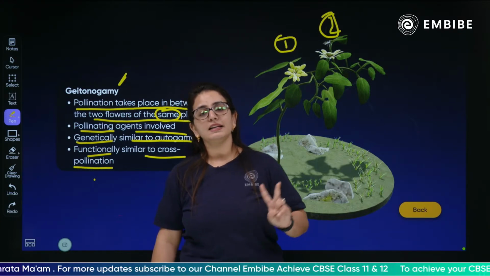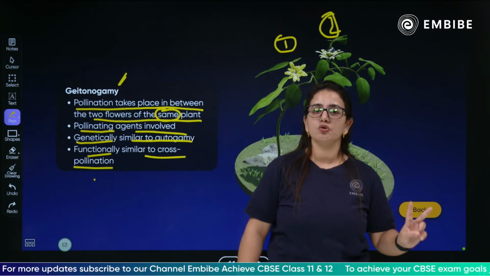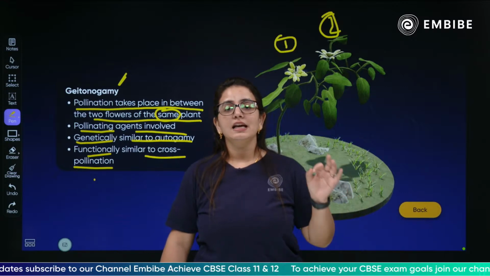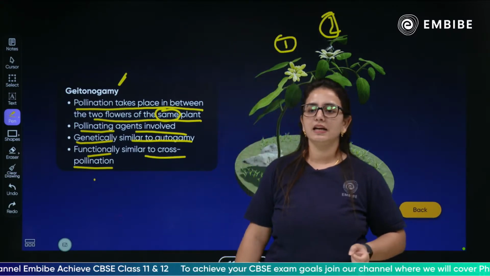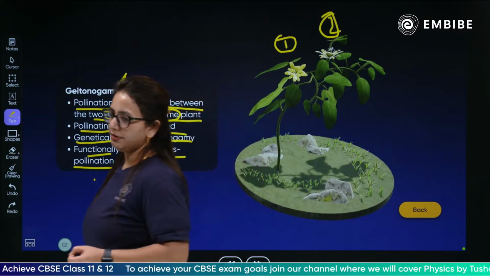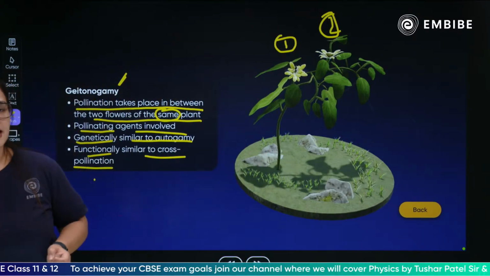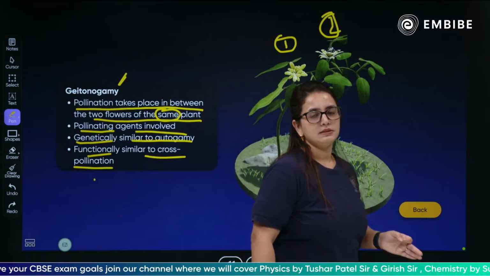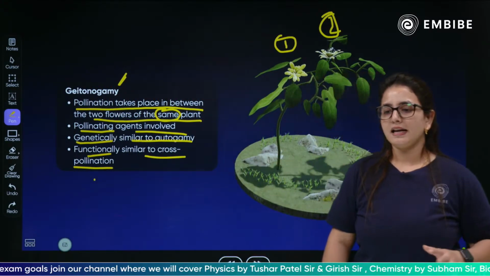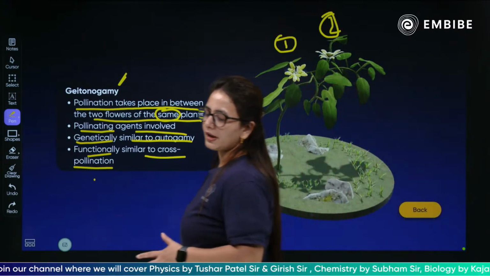So that is why it is functionally similar to cross pollination. Is it clear what is Geitonogamy, children? Everyone? Do I need to explain again? Is any part not clear related to Geitonogamy?